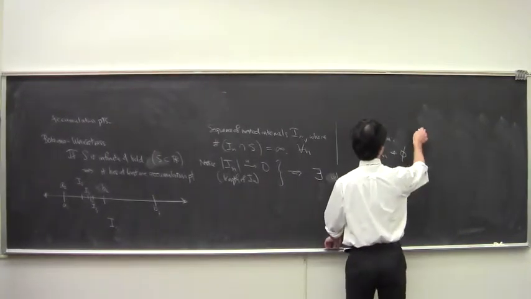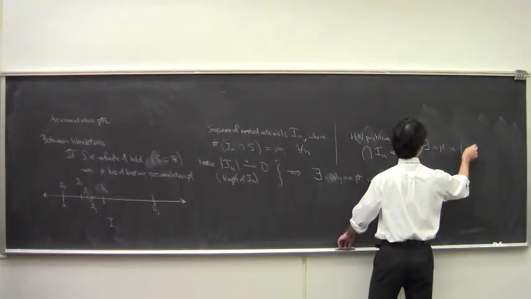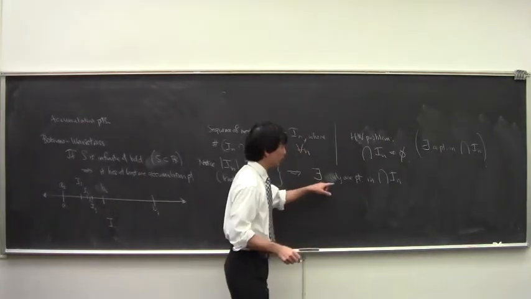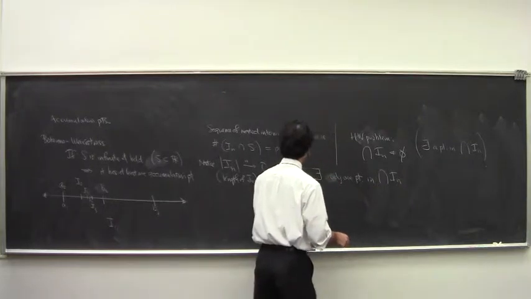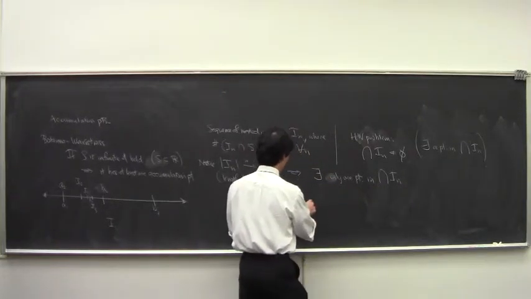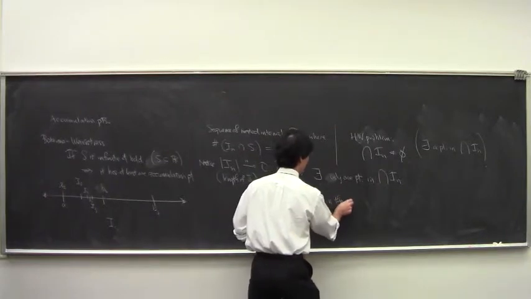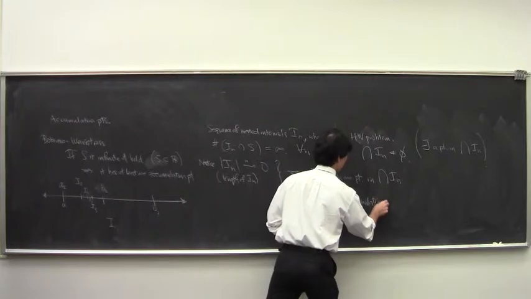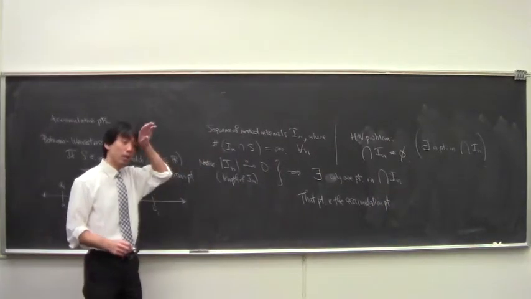So this is to say there exists a point in the intersection, and this says that there exists only one point in the intersection, right? And that point is what we're going to claim is the accumulation point. Right? That point is the accumulation point.